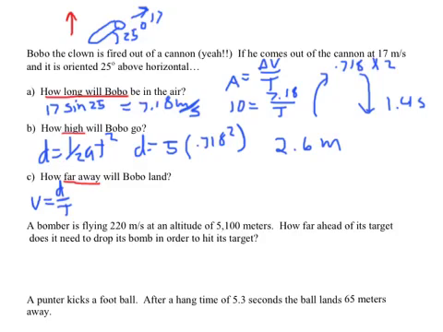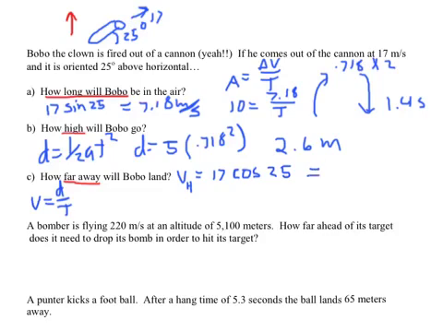Well, I don't know his horizontal velocity, so I'm going to have to find it using this information up here. To find the horizontal velocity, I'm going to say the horizontal velocity equals 17 meters per second, which is how fast he was shot out of the cannon, times the cosine of the angle, which is 25 degrees.